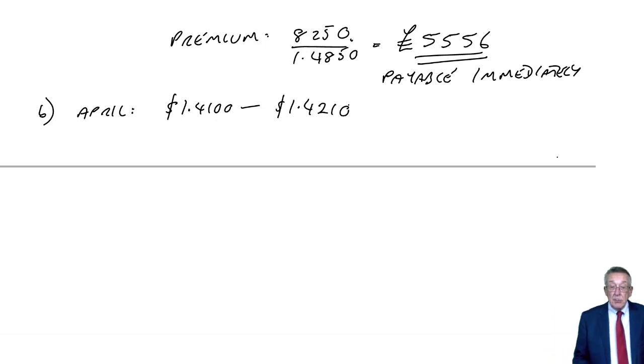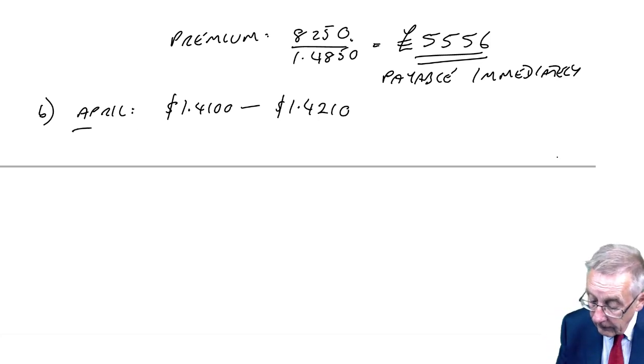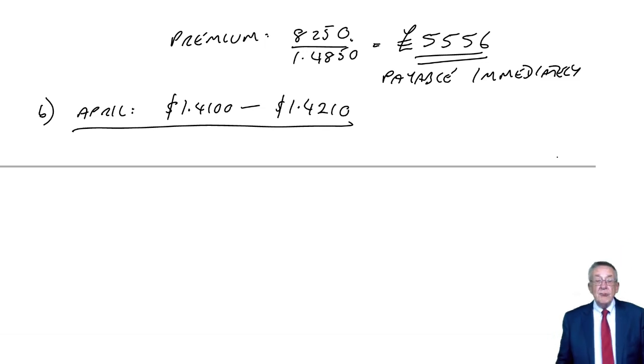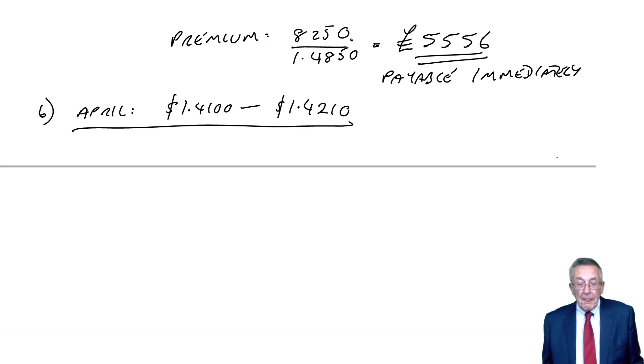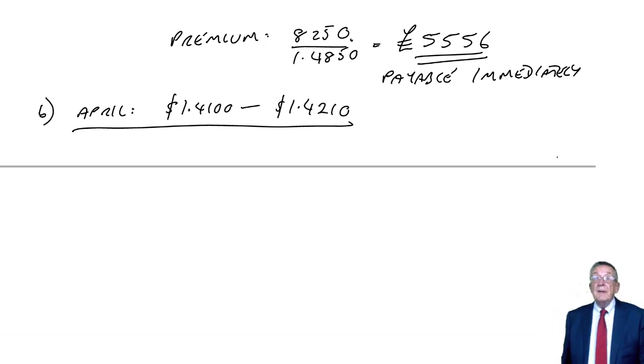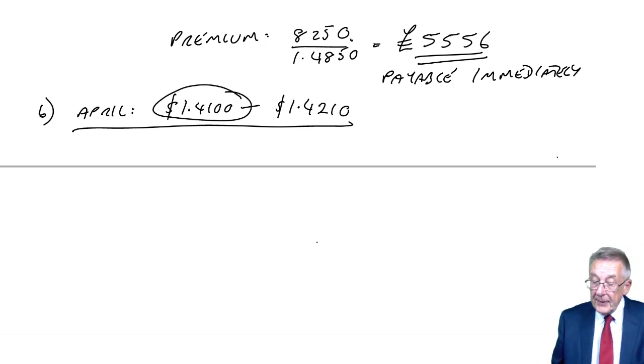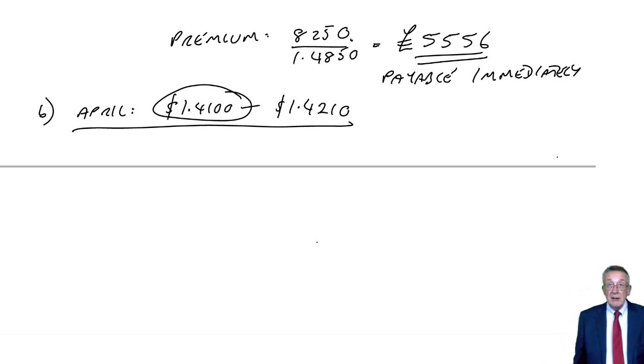And when it comes to April, it's our choice whether to exercise or not. Well, which are we going to do? First of all, which is the relevant rate? Surely we need $1 million. If we weren't using the option, we would convert at the dollar buy rate. We'd use 1.4100.